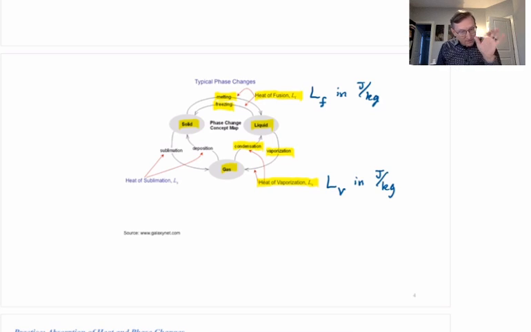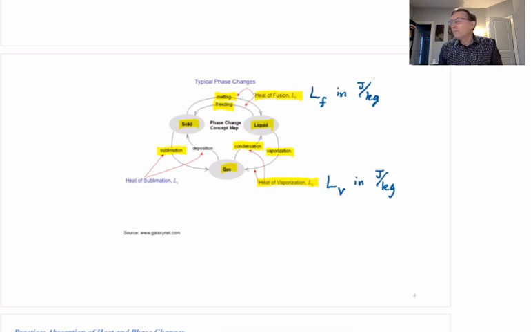Now, the last combination of phases is solid and gas. And you may not be quite so familiar with phase changes between those two directly, but they can happen. So to go from a solid directly to a gas, that phase change is called sublimation.